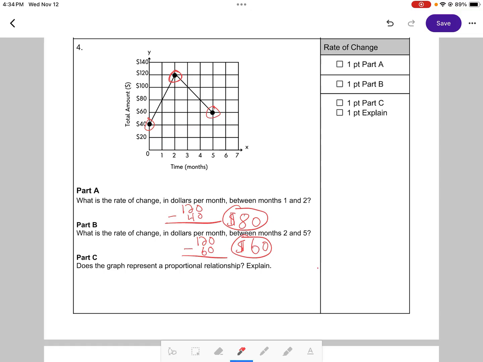And the last one says, does the graph represent a proportional relationship? Remember that proportional relationships on a graph must have a straight line. This is not a straight line. So no, because the graph does not represent a straight line.